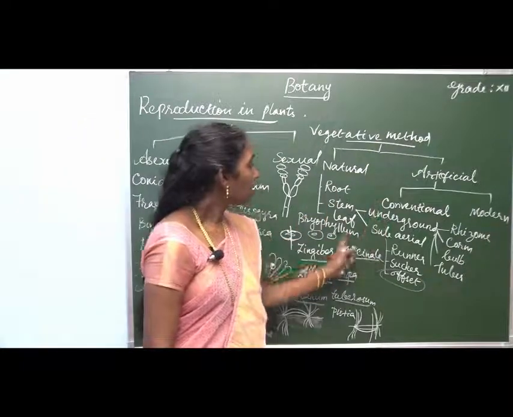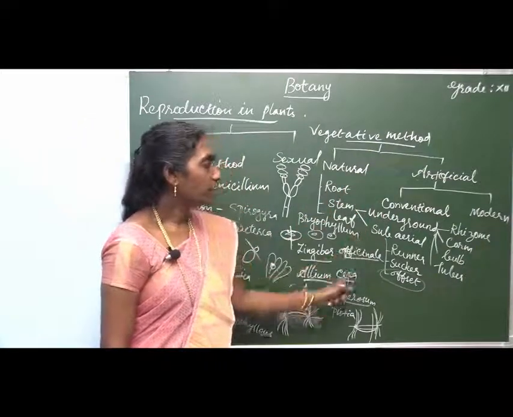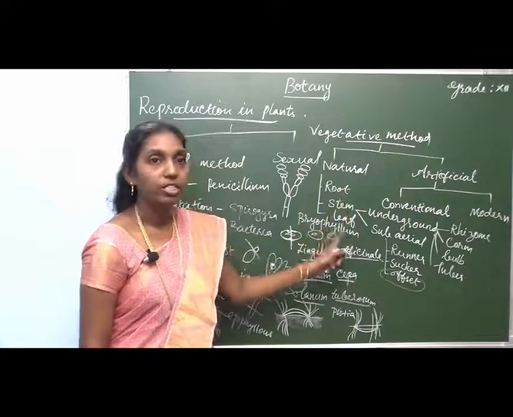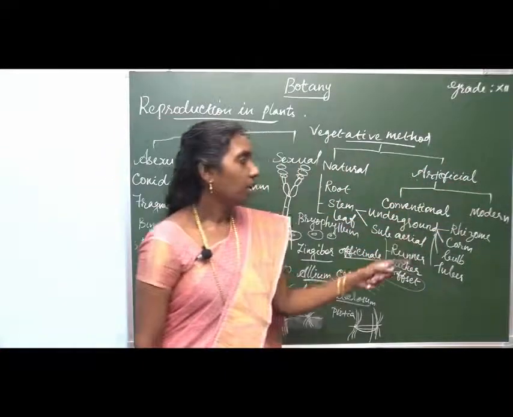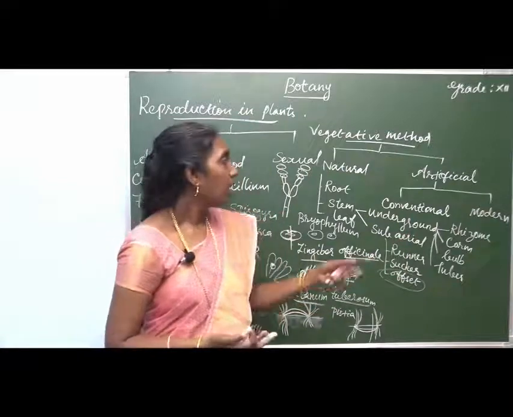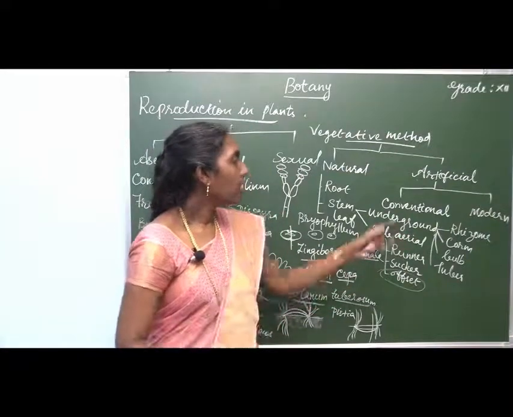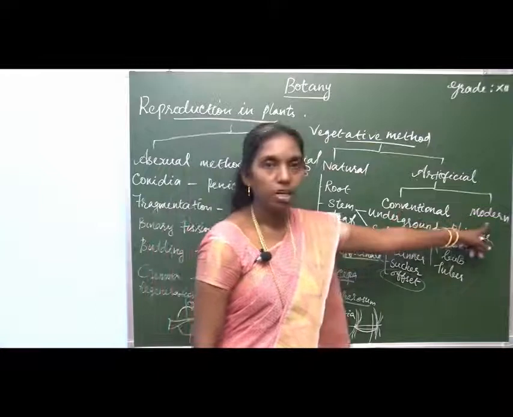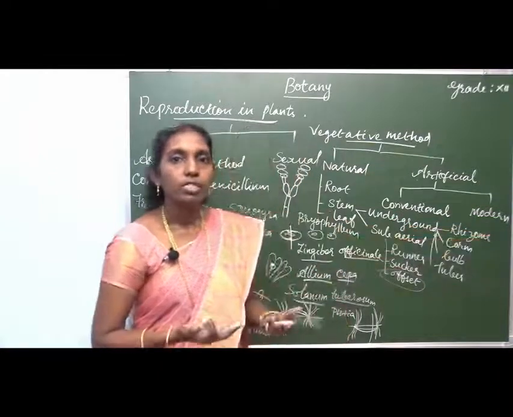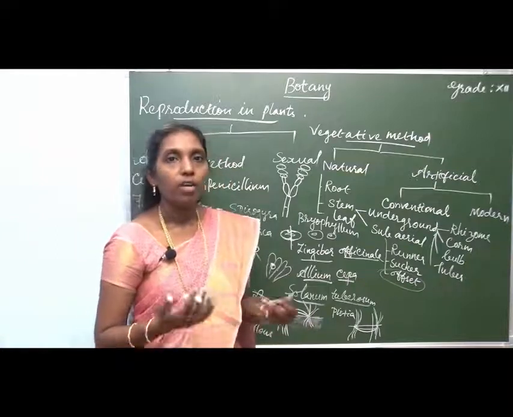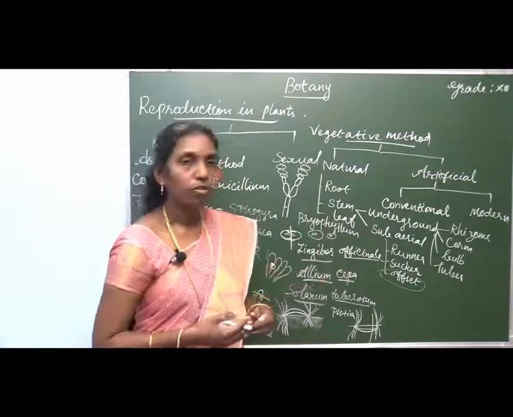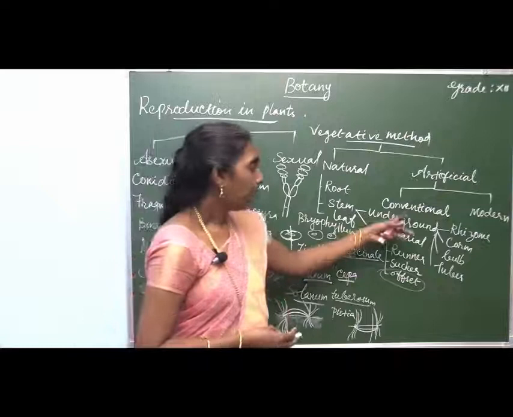Now, these all methods are natural methods of vegetative propagation. Then artificial method. In artificial method, there are two different types, conventional method and modern method. Conventional method is a very common method. We are also following this conventional method of propagation in plants.